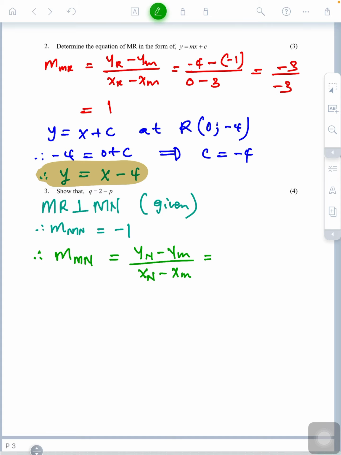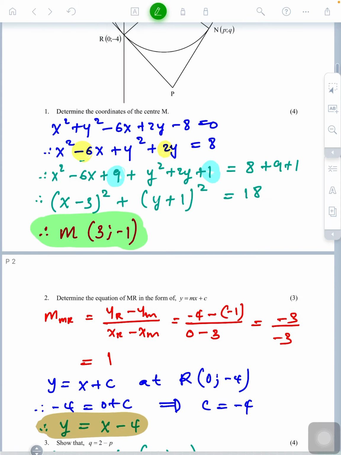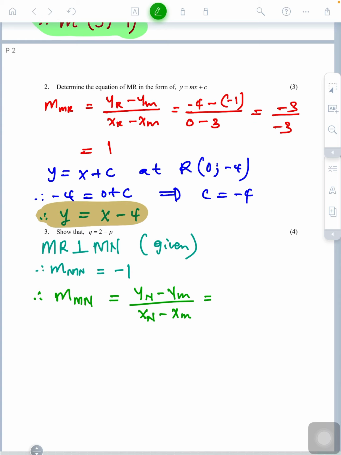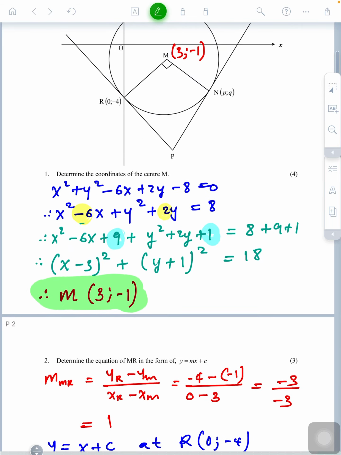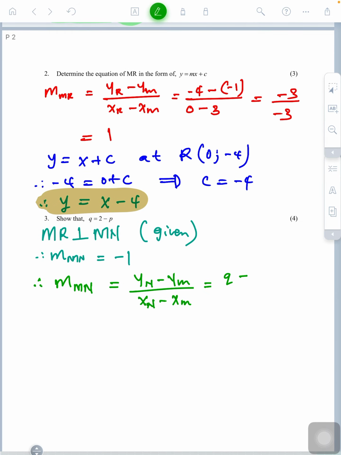What is y at N? Let's check that. Y at N is q. So this is going to be q minus y at M. Y at M is that one of -1, so it's going to be -1, divided by x at N, which is p, minus x at M, which is 3.